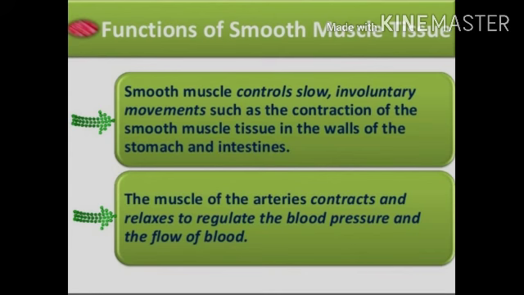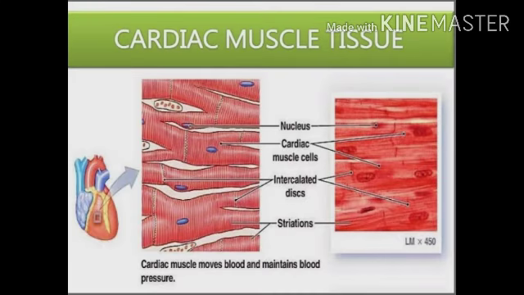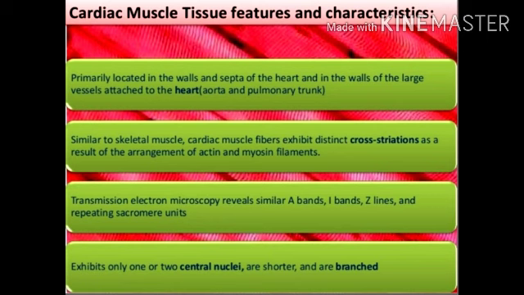Smooth muscular tissue controls slow and involuntary movement, such as the contraction of smooth muscle in the wall of the stomach and intestine, and the muscles of arteries that contract and relax to regulate blood pressure and the flow of blood. Now, the third one is cardiac muscle, which moves blood and maintains blood pressure.